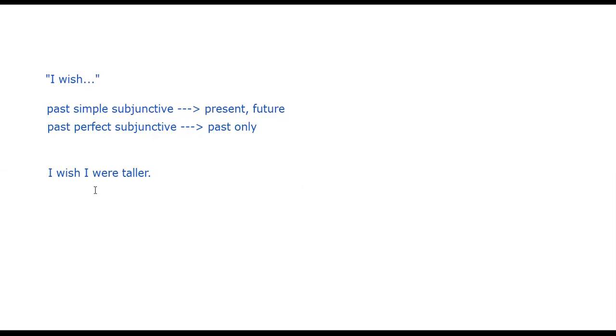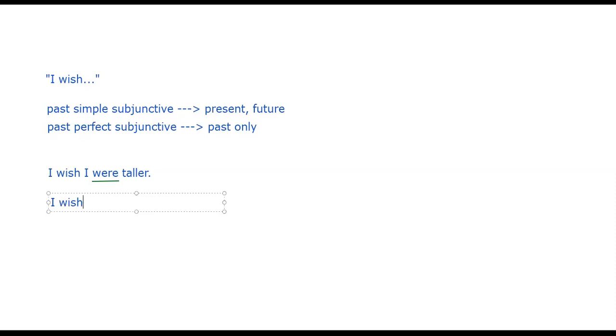So this means that I'm not tall right now, but I wish I were taller. And again, we use the past subjunctive were because we're not tall right now, but we wish we were taller. So that's a present situation because again, you're not tall, but you want to be taller. So you would say, I wish I were taller.